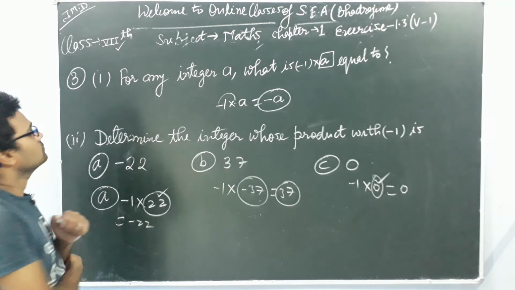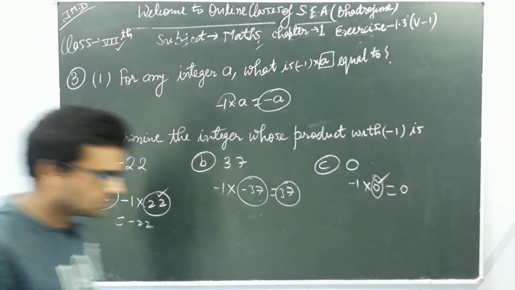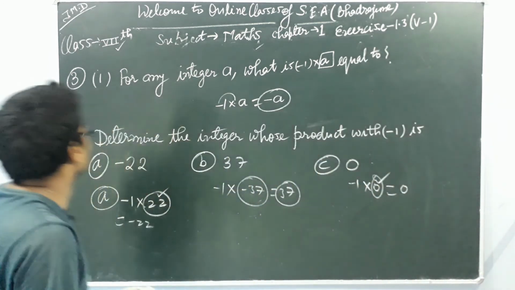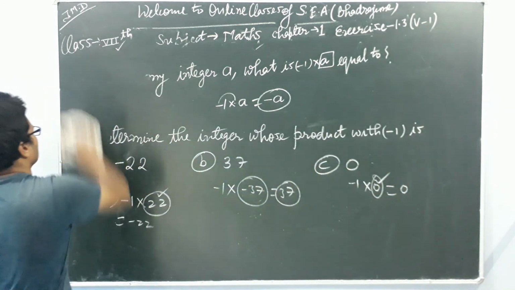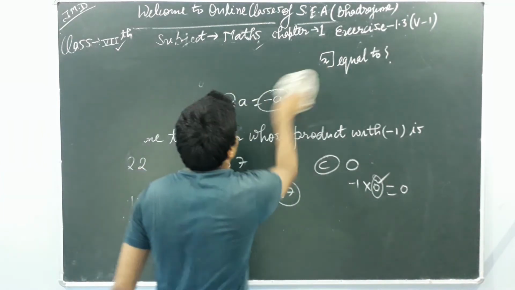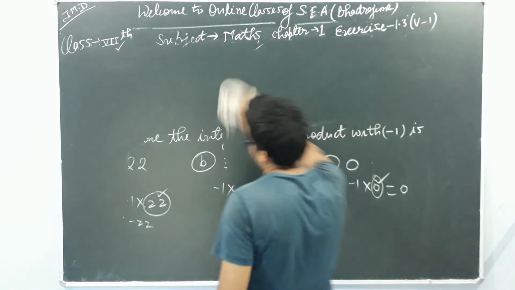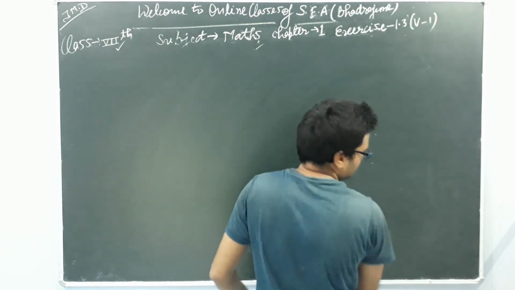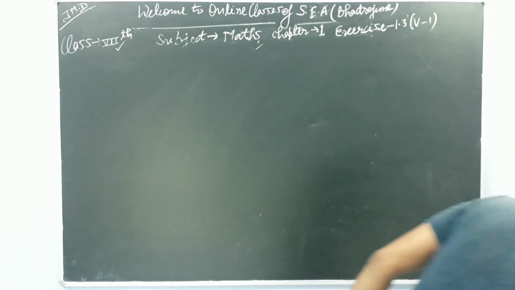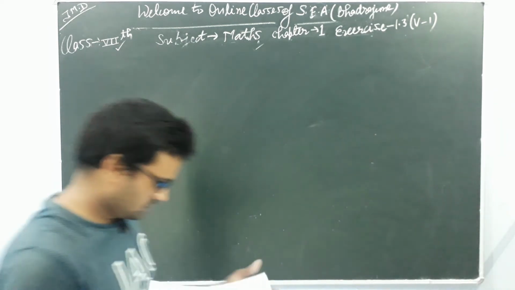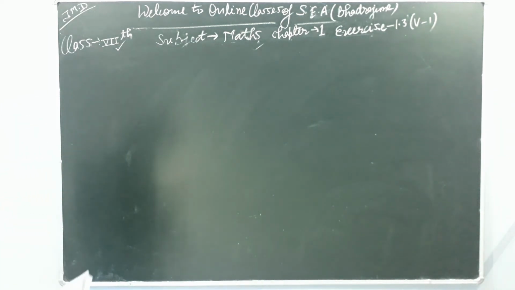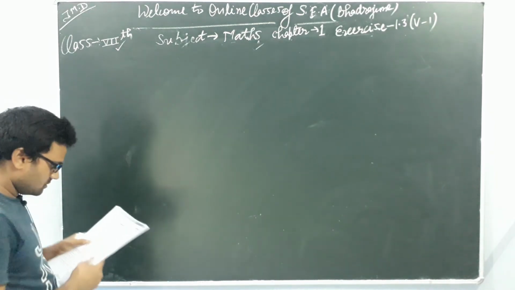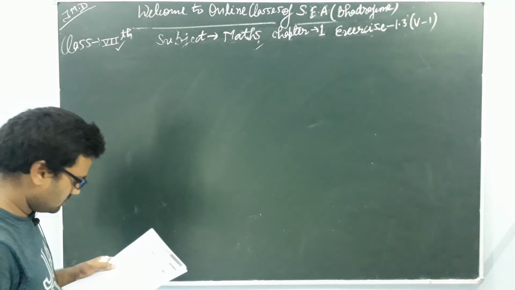Now I am moving towards our part 4, which is exercise 1.3, and part 4 is starting from: write various products showing some pattern to show that this one.